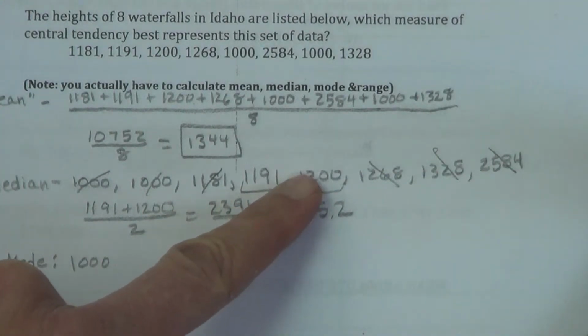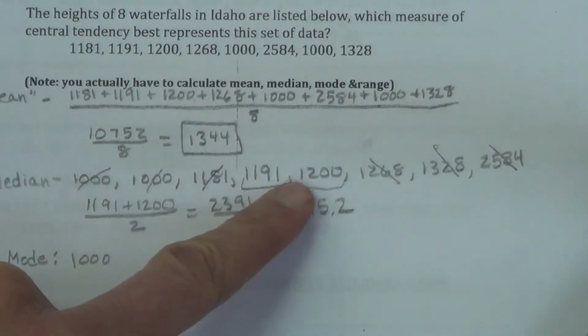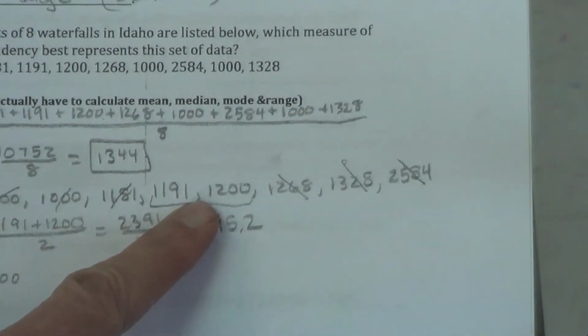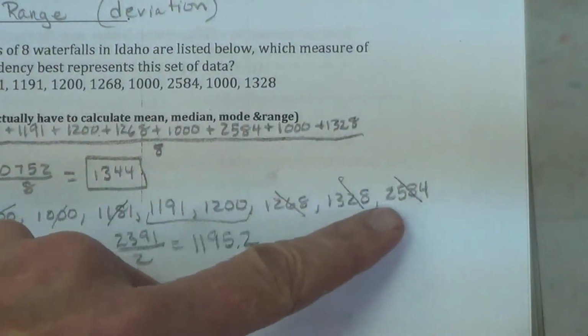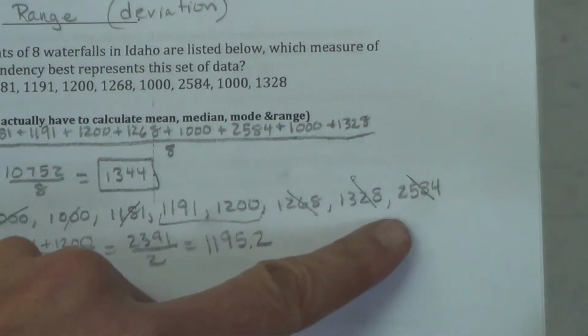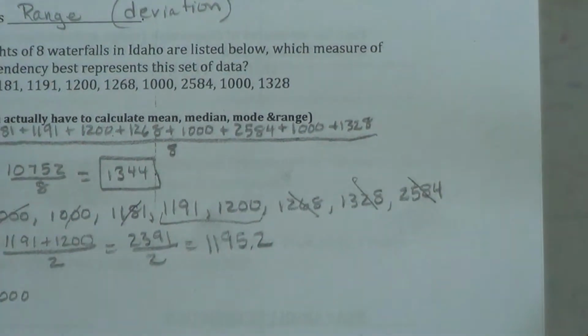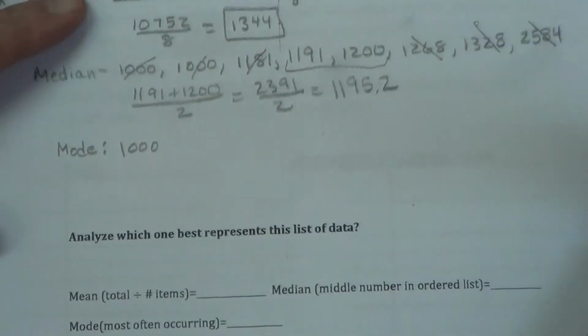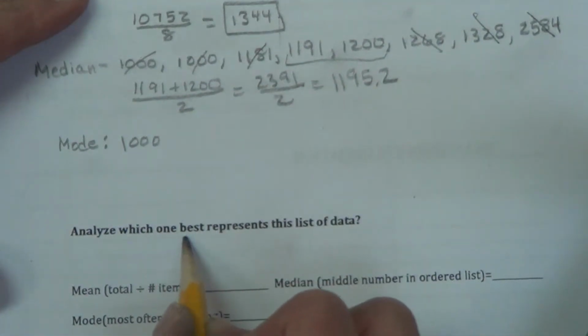It's right about here in the middle. Between them all, that's a pretty good representation, even though that middle isn't the middle as far as the number of feet. It's the middle in our data. It's a better representation where there's only one that's way out there as a big number. So the best representation would be our median.